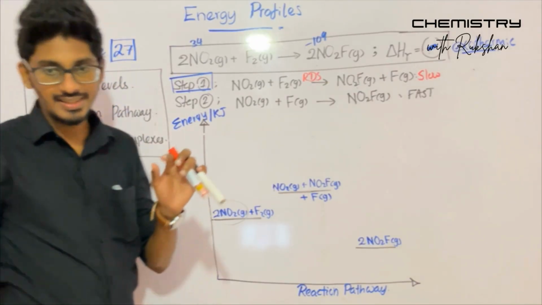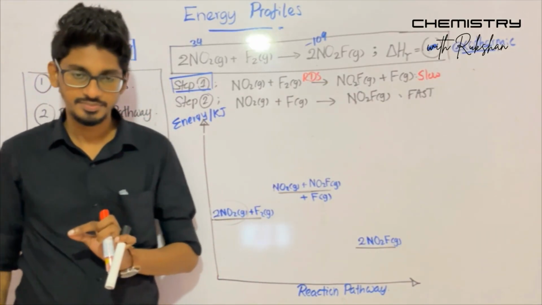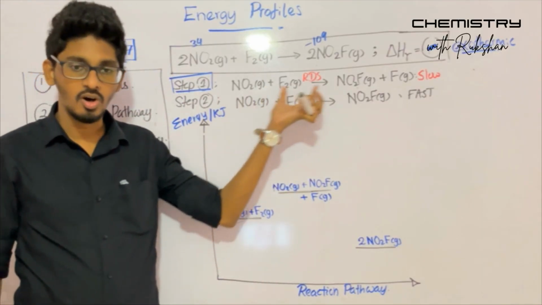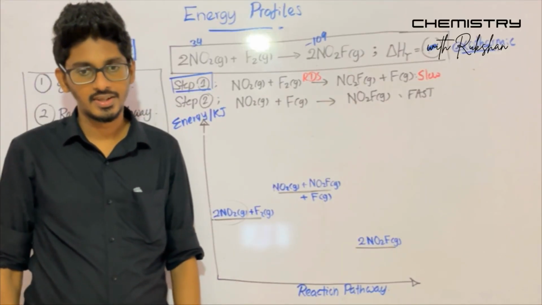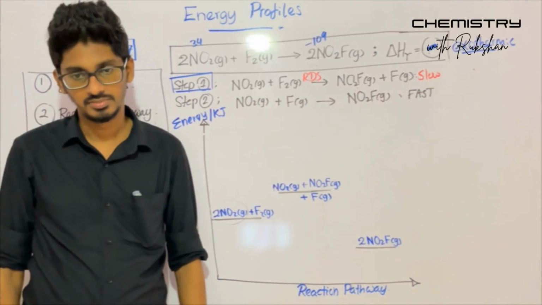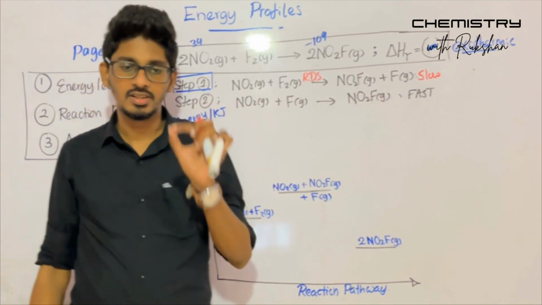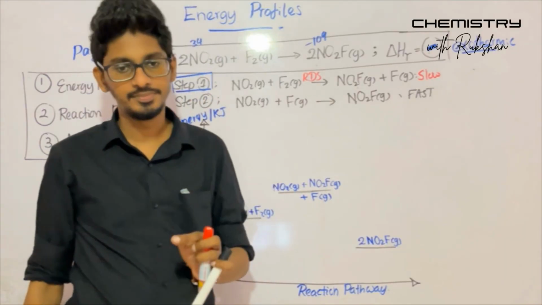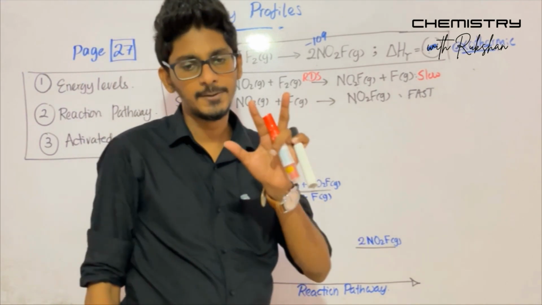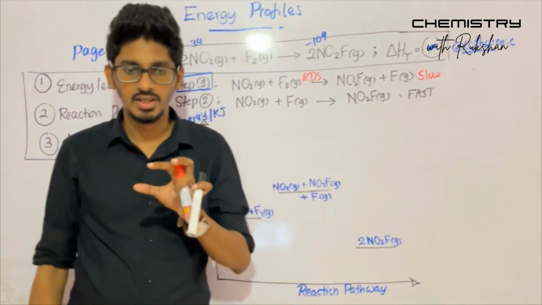Then if you have written the intermediate step correctly, the second step should also be fulfilled with this diagram. You should be able to come up with the right second step as well.